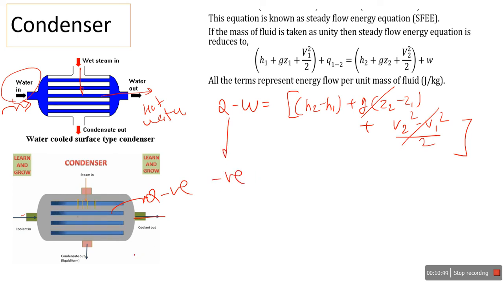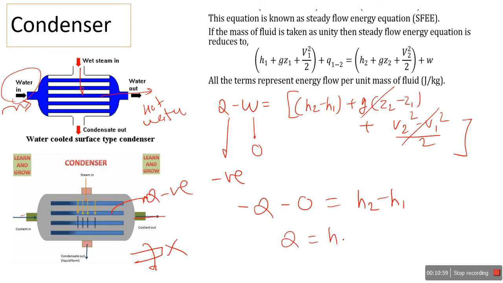In case of condenser, there is no shaft work, so W is 0. So the equation becomes minus Q minus 0 is equal to H2 minus H1. So Q is equal to H1 minus H2. So the heat loss by the condenser is nothing but the drop in enthalpy, that is H1 minus H2.